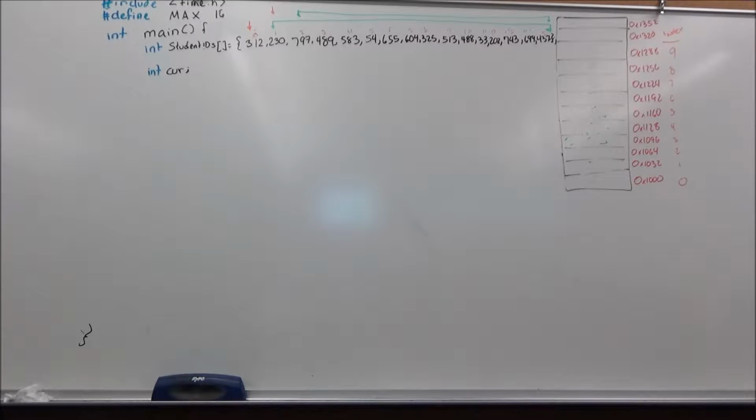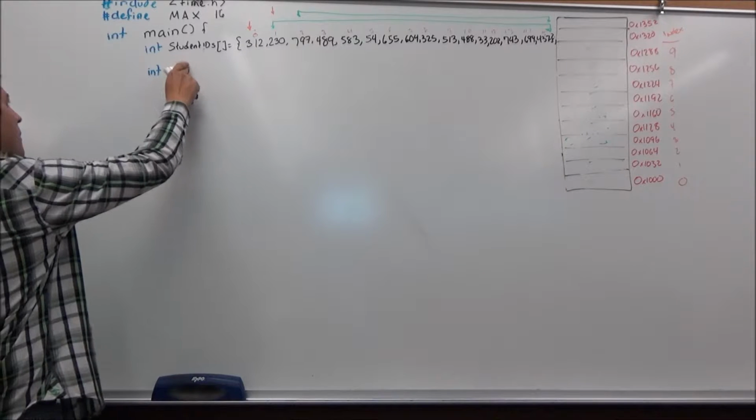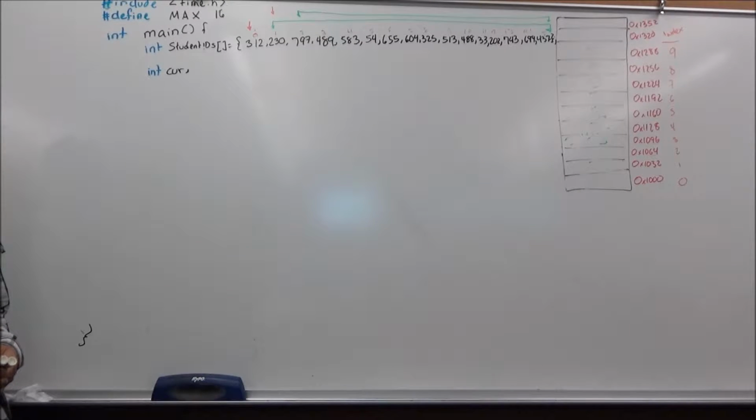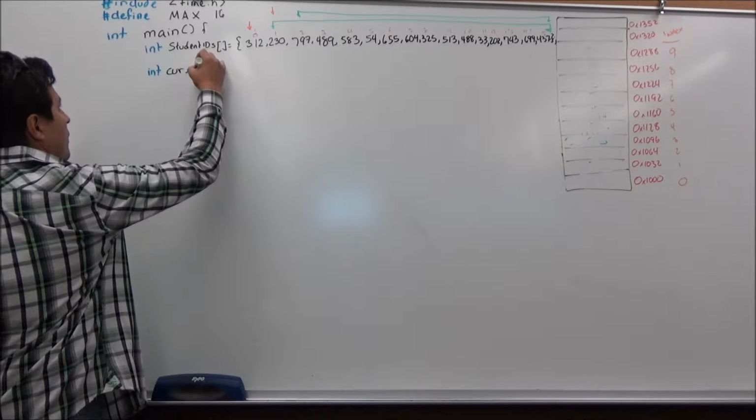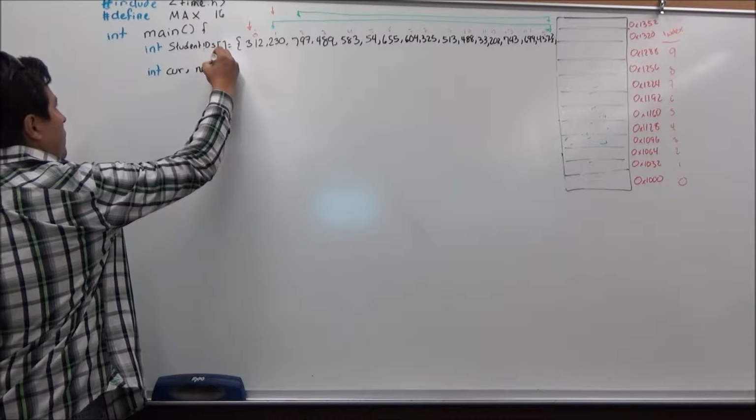Give another number, a refinement. You find another number, another variable. What do you call it? Next number. Okay.